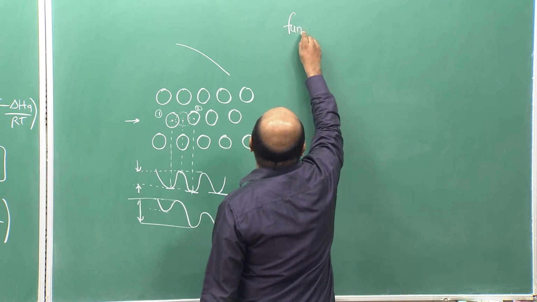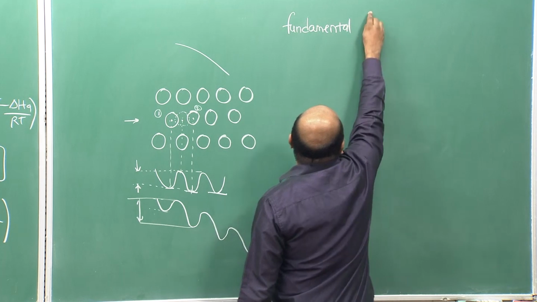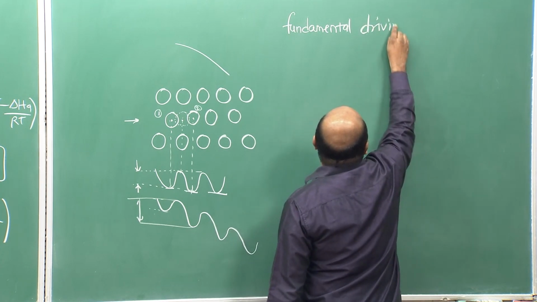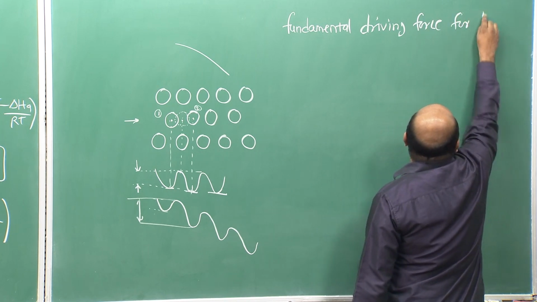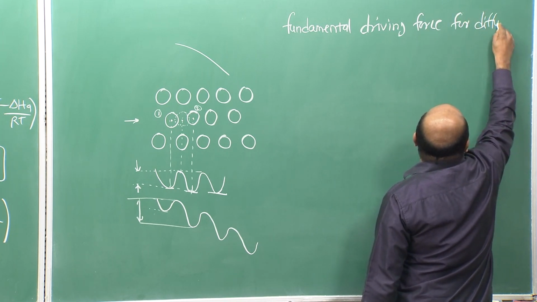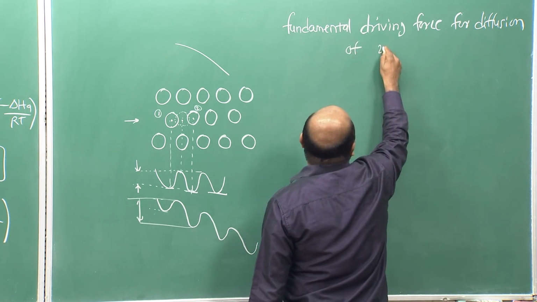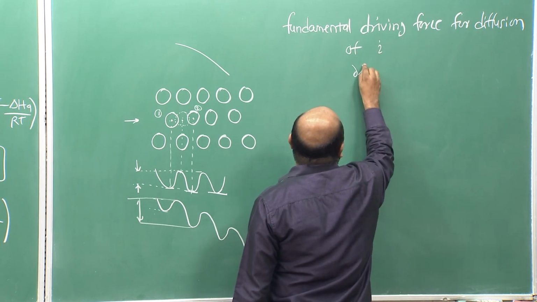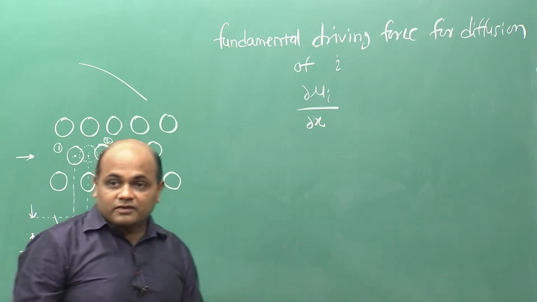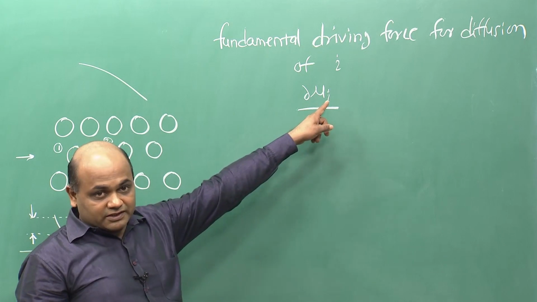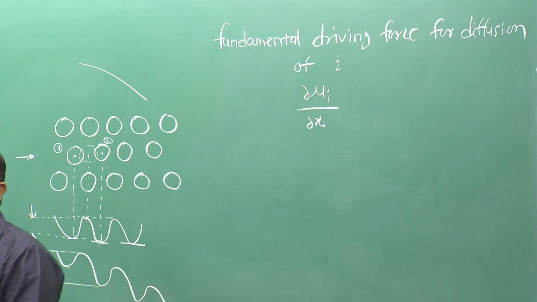Okay. So, gradient in chemical potential, that is, change in mu I with the distance coordinate x.